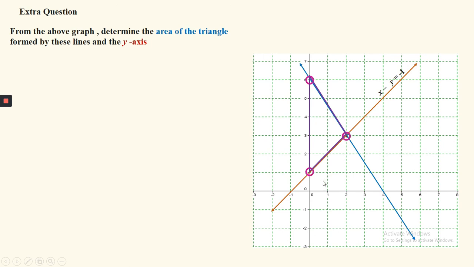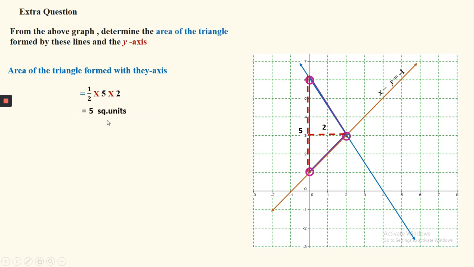So from 1 to 6, 1, 2, 3, 4, 5 units. 5 units is the base, and this perpendicular distance is the height of the triangle. So from here till here it is 1, 2 units. So the area of this triangle will be half into 5 into 2, which is equal to, 2 and 2 are getting cancelled, and you're getting it as 5 square units.